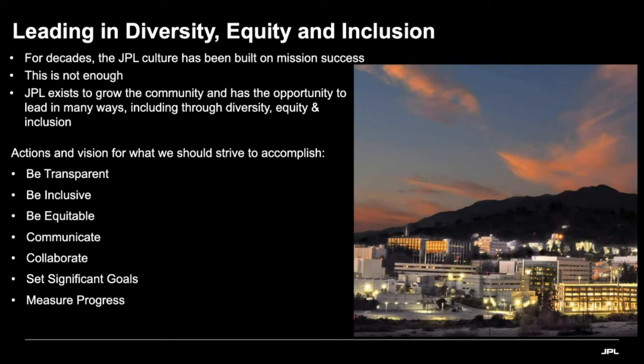We can lead others to a more diverse and inclusive and even equitable future. And it's something that the lab is very serious about. So you will be hearing more about this over time because JPL is focused on this and rolling out diversity, equity, and inclusion plans that engage all of our partners across the country. Whether it's a university partner or industry partner, JPL can drive change, and we intend to.